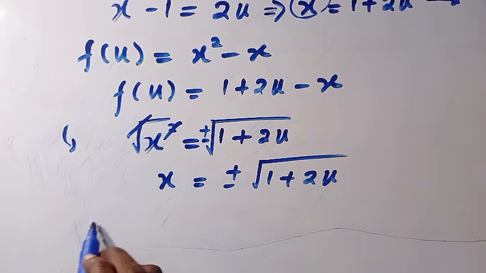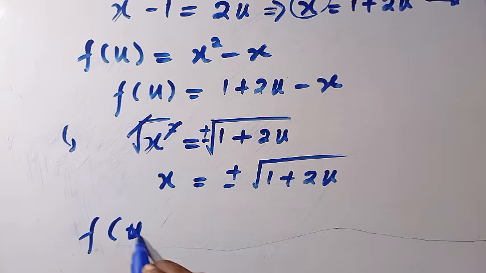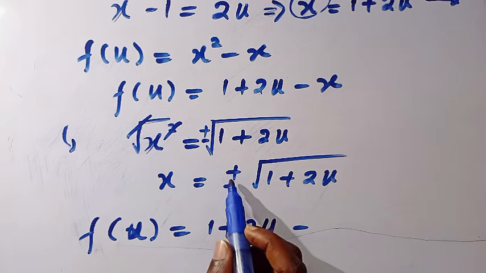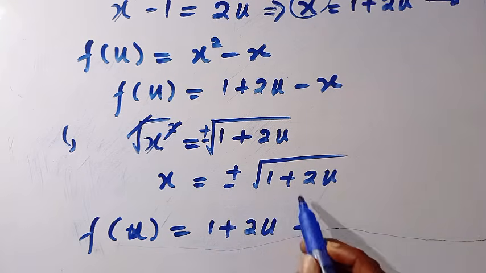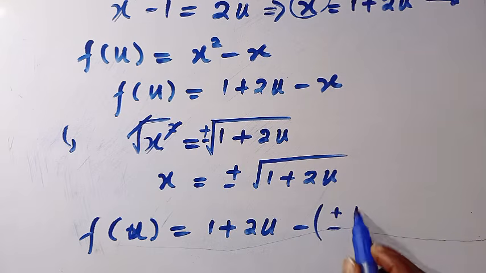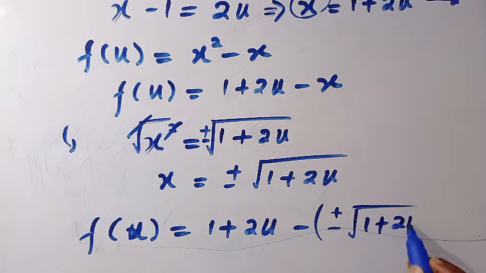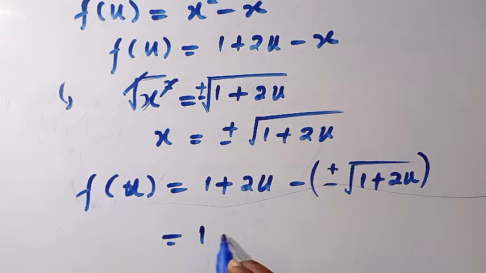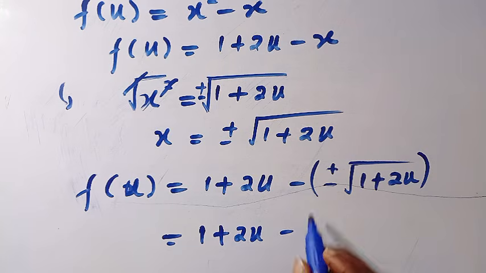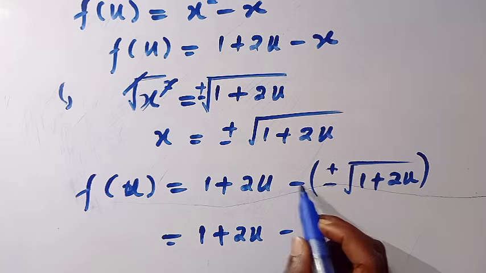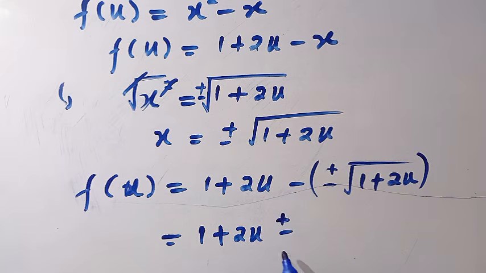So let's replace this in f of u equals 1 plus 2u minus x, so the x now is plus or minus square root of 1 plus 2u. So we are going to put this in brackets, and it is plus or minus square root of 1 plus 2u. By expanding this, we have 1 plus 2u, plus times minus, that is minus, and here we have minus times minus, this gives us plus.